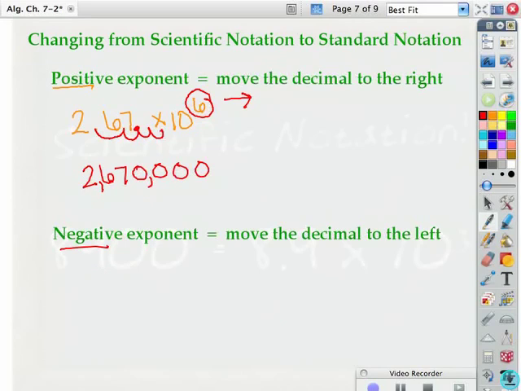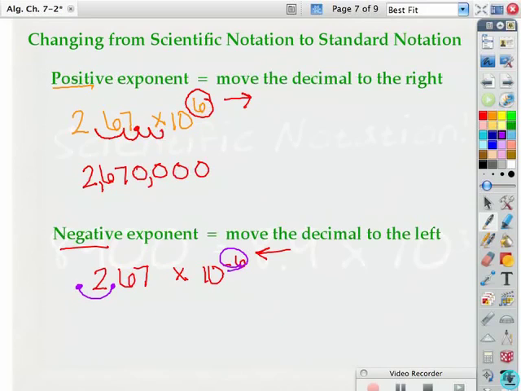Now with a negative exponent, the decimal moves to the left. So if I use that same number, 2.67, only this time I made it 10 to the negative 6th, what this would indicate to you here is that you're moving to the left. So we would locate the decimal point, move over once, right here.